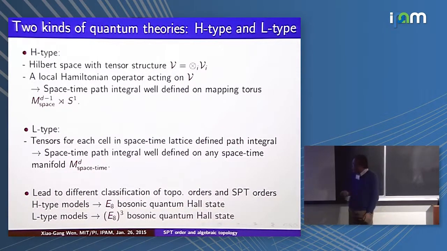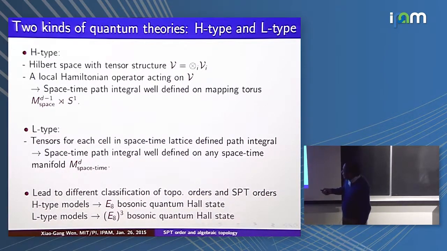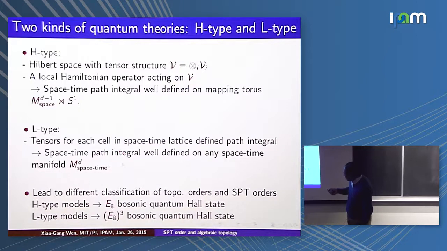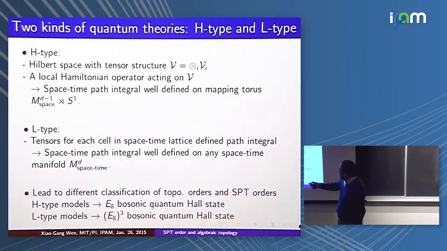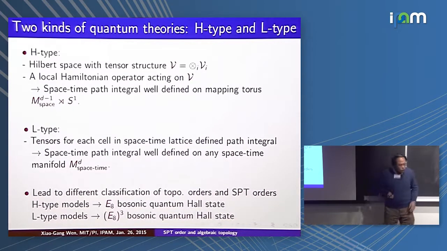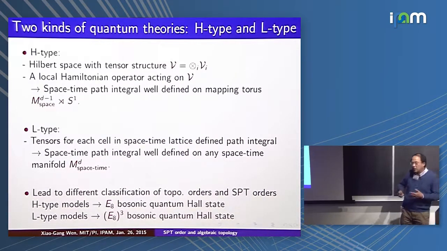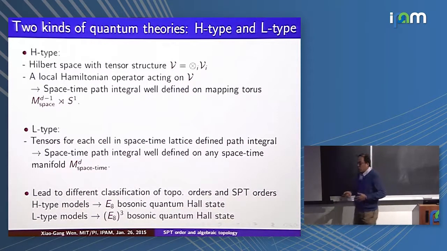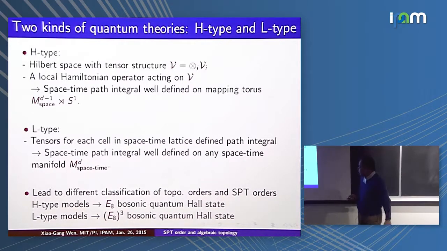So therefore, this theory is well defined for a space-time manifold of arbitrary topology. However, for the H-type, the space-time manifold has some restrictions. So these are two different theories. If I want to consider classification, then I have to specify which type of theory.